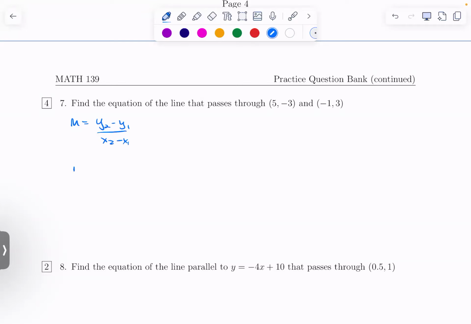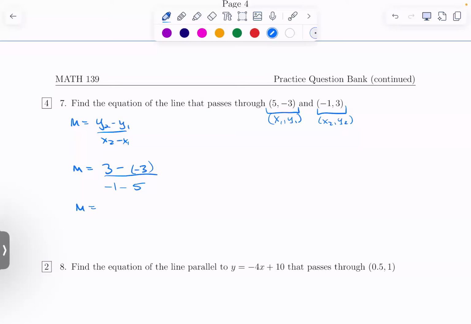But I've memorized the formula, so I get to use it. You can too. If I let this be x1, y1, and I let this be x2, y2, it doesn't matter as long as you keep track of which one is which. As long as you're consistent, it doesn't matter. 3 minus negative 3 divided by negative 1 minus 5.